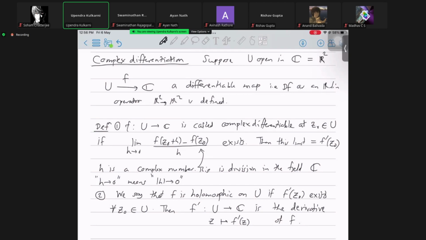Now for real, in our case, what we saw is that if F is differentiable, is F prime necessarily differentiable? I'm just talking about first semester calculus. No, certainly not. It need not even be continuous. However, this is one of the first amazing things: if F is holomorphic, then so is F prime automatically in the complex case. So, amazing fact.